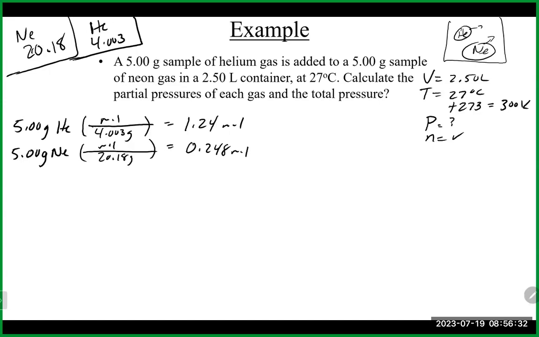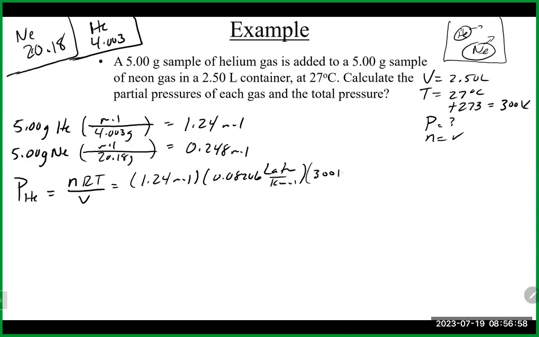We're just going to do basically 2 separate ideal gas law calculations. So we'll do it for helium first, and that means P will equal nRT divided by V. Everything's in the right units now. So taking our moles for our helium, taking our gas constant and our temperature, all divided by our volume of 2.5 liters.